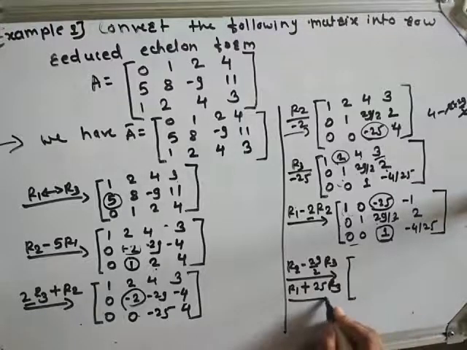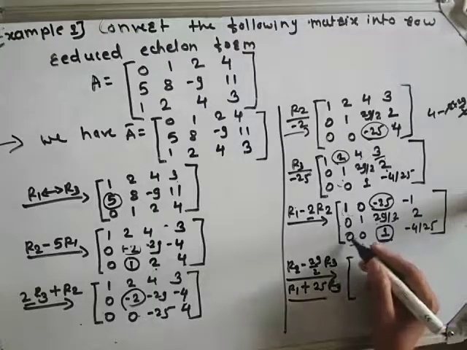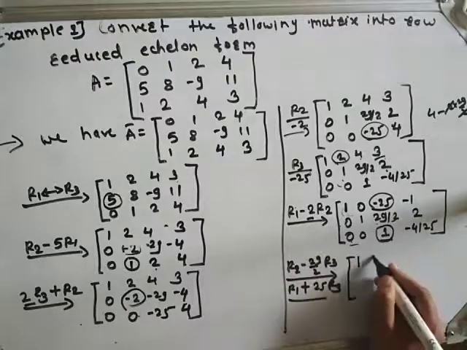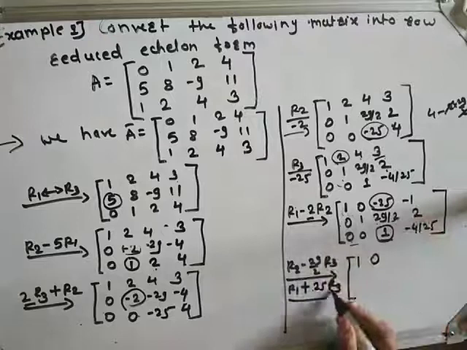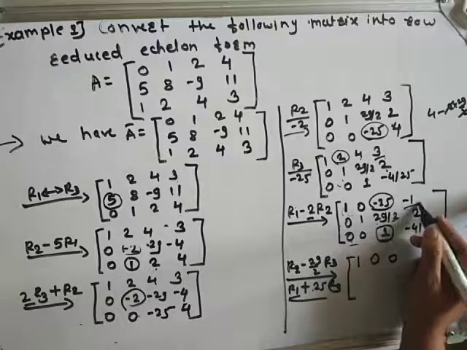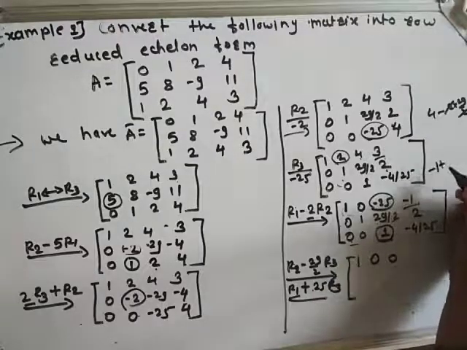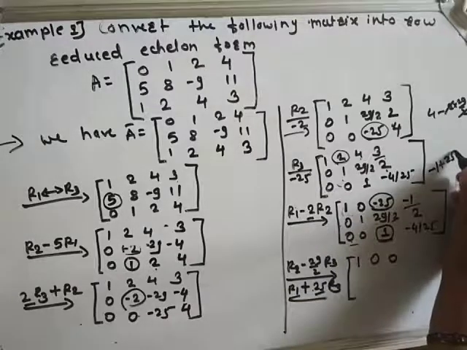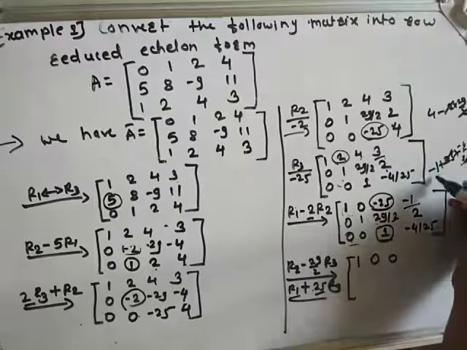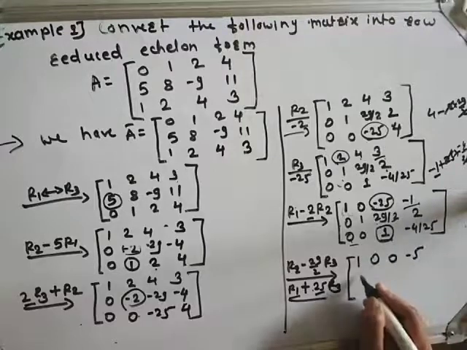First we perform the row operation on the first row. 1 plus 0 is 1, 0 plus 0 is 0, minus 25 plus 25 is 0. R1 last entry is minus 1 plus 25 into minus 4 upon 25, the 25 gets cancelled, minus 1 minus 4 is minus 5.